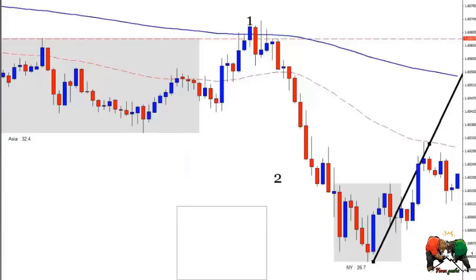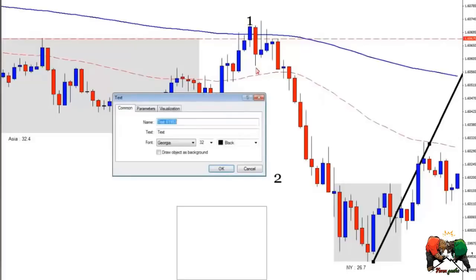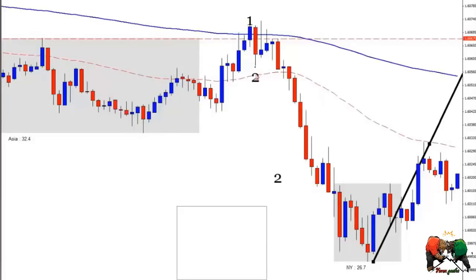So how do we know if the market is going to reverse or if it's just going to continue to the upside? Well, we have to wait for the second candle, which is what we call the confirming candle. The confirming candle in the case of a short has one very simple criteria. It needs to close clearly below the body of the first candle.